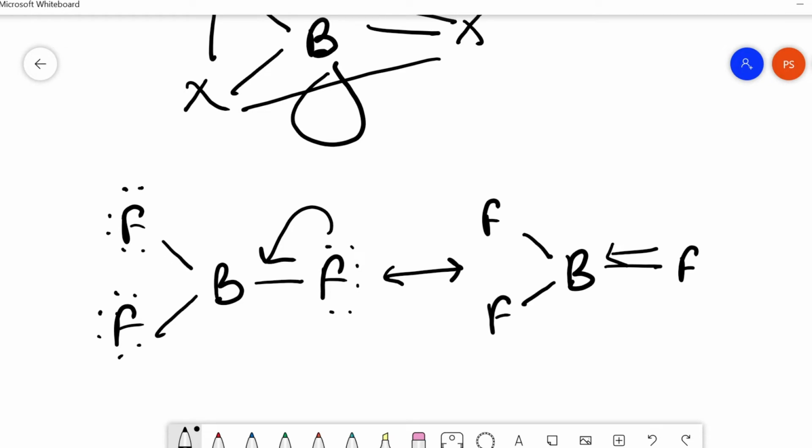thus reducing the electron deficiency of boron a bit.